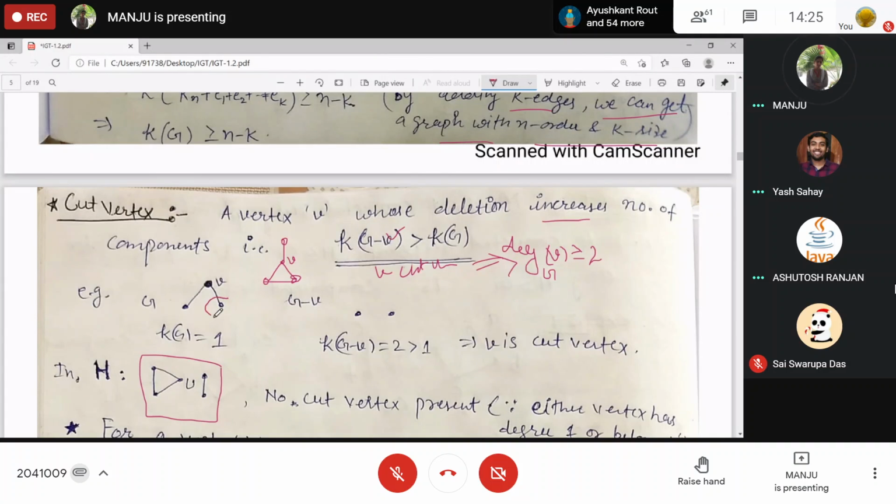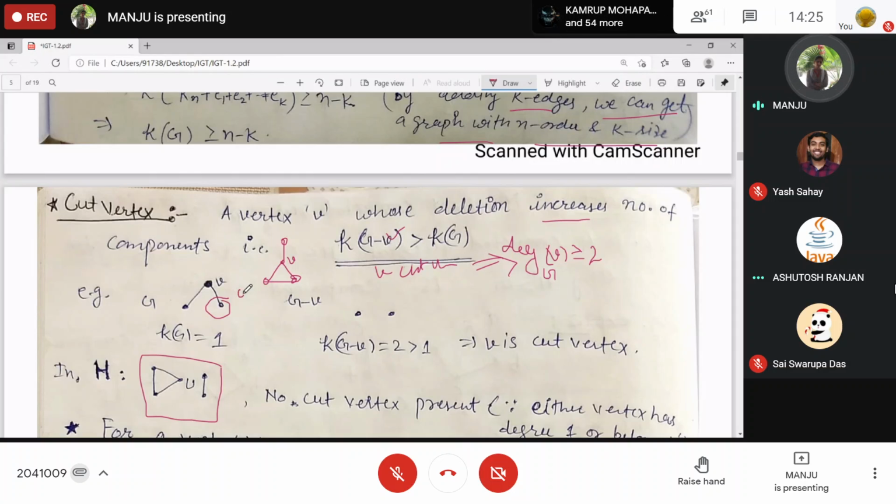No, right? With degree 1, if we remove it, the resulting graph is again connected, or the number of components remains the same. Clear? For degree 1, and for degree 0, the number of components does not increase. Actually it decreases.